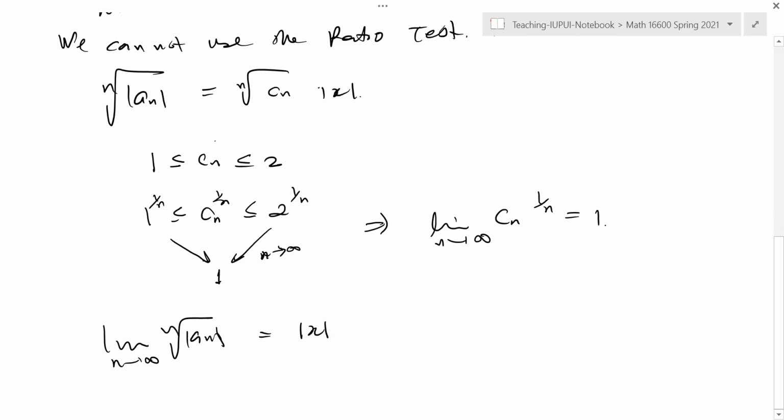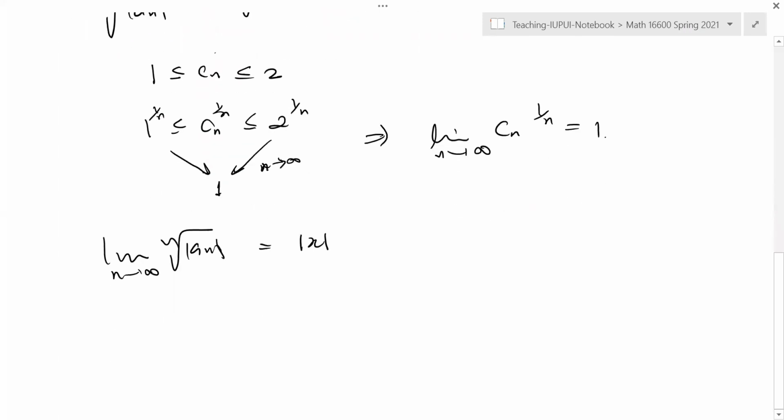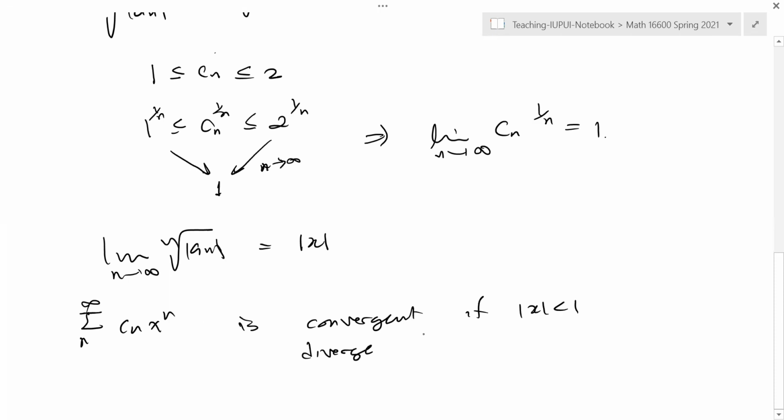So the limit of the nth root of c_n times absolute x, as n approaches infinity, is just equal to absolute x. So clearly, this series is convergent if absolute x is less than 1, and divergent if absolute x is greater than 1.